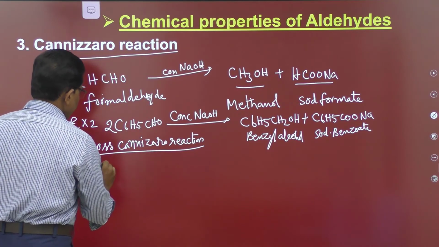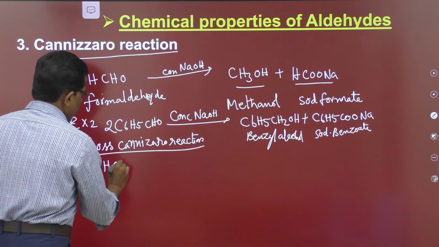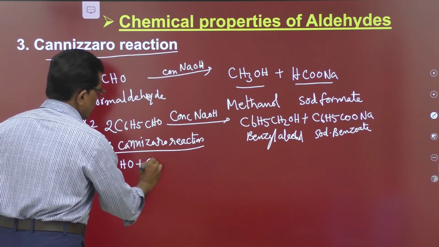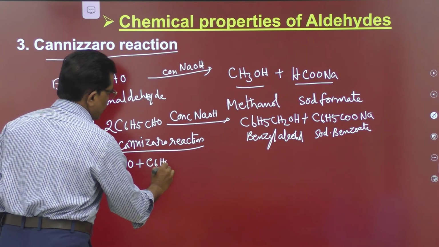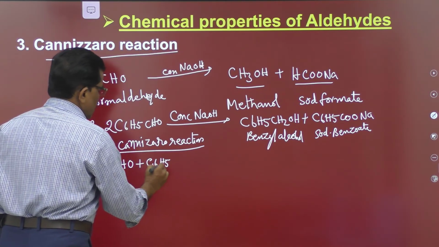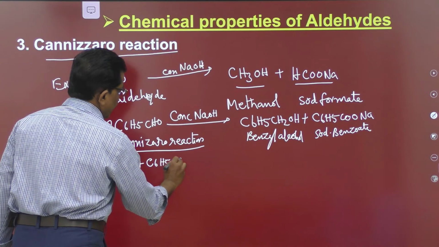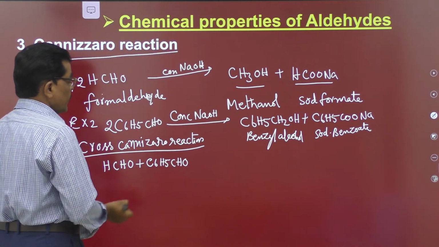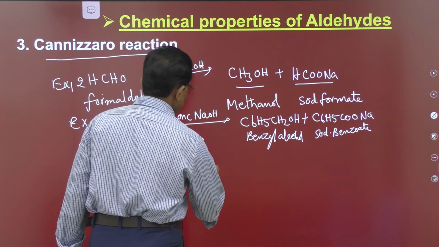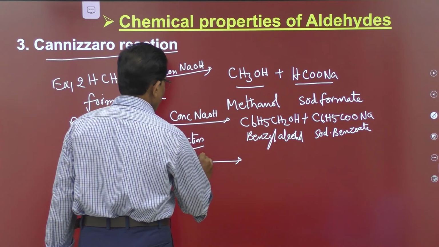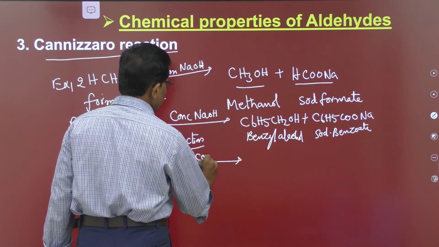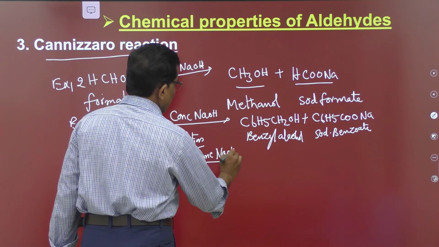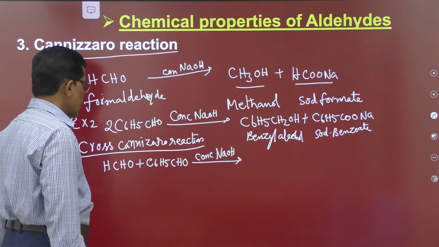I want to take one aliphatic aldehyde and another aromatic aldehyde. HCHO is formaldehyde and C6H5CHO is benzaldehyde. Both aldehydes do not have an alpha hydrogen atom.